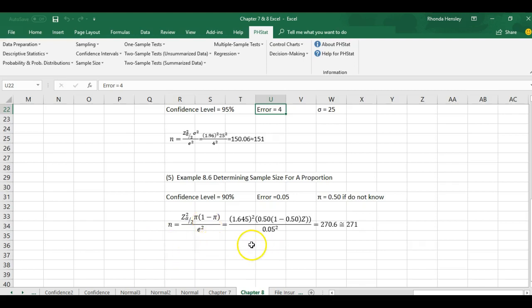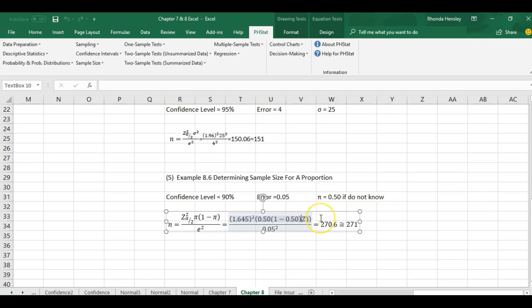The strange thing in the proportion is, here's my 1.645 for my 90% confidence level, and I'm assuming an error of 0.05. And in this example 8.6, they say if you don't know what the proportion in the population is, I'm going to try to fix that.